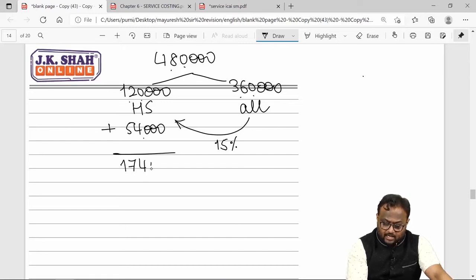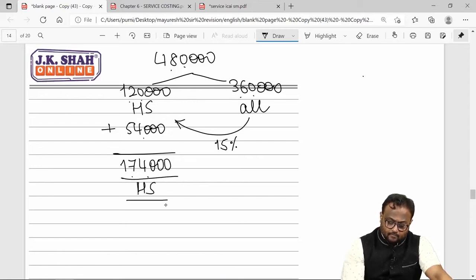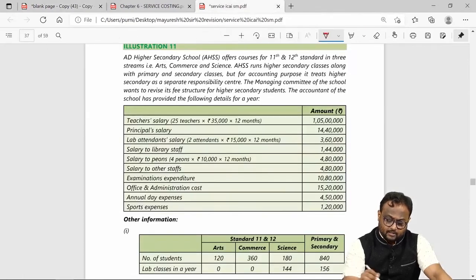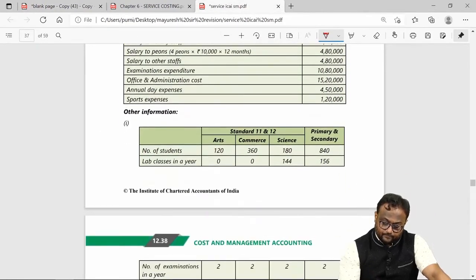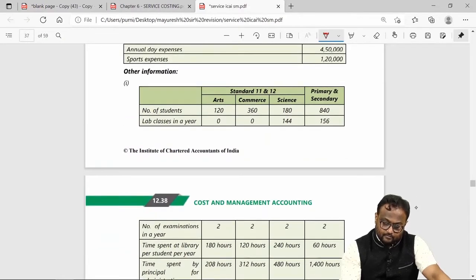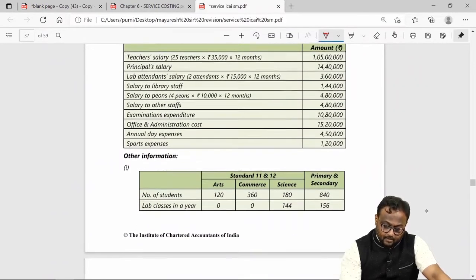So I'm going to charge 1,74,000 to higher secondary out of 4,80,000, and definitely it has to be on the basis of number of students. That is what they have done.